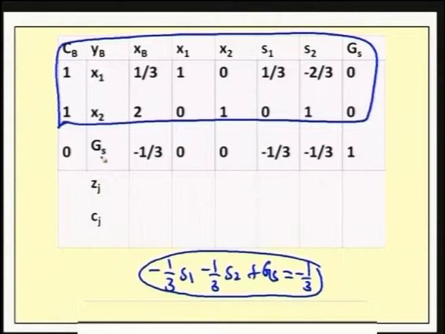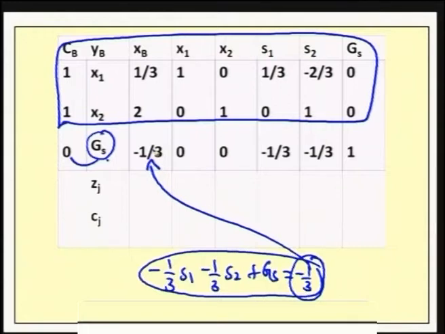Now, we should add this Gomorian constraint in the bottom row of the simplex table. Therefore, the next row corresponds to the Gomorian slack. So, our basic variable is the Gomorian slack. The corresponding cost value is 0. Now, the XB value, which is the right hand side of this Gomorian constraint, is minus 1 by 3. Then in the Gomorian constraint, the coefficient of x1 is 0, x2 is 0. Therefore, here we have 0, here we have 0, and the coefficient of S1 is minus 1 by 3, and the coefficient of S2 is minus 1 by 3.